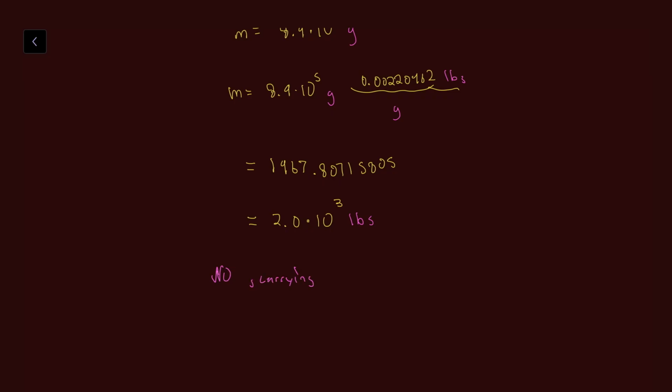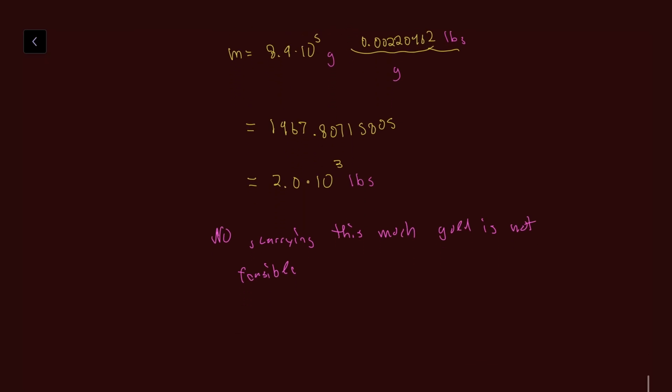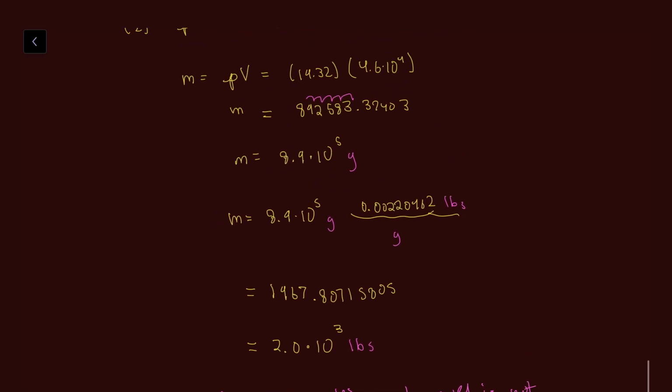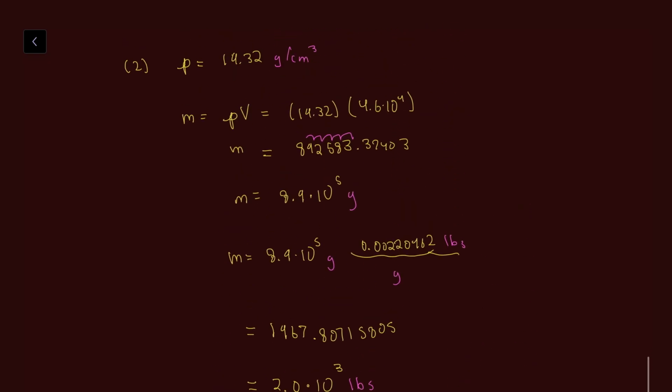carrying this much gold in a suitcase is not feasible. But the question didn't ask us if this much gold was possible to carry. It asked us if $1 billion worth of gold was possible to carry and if it would even fit in a suitcase.